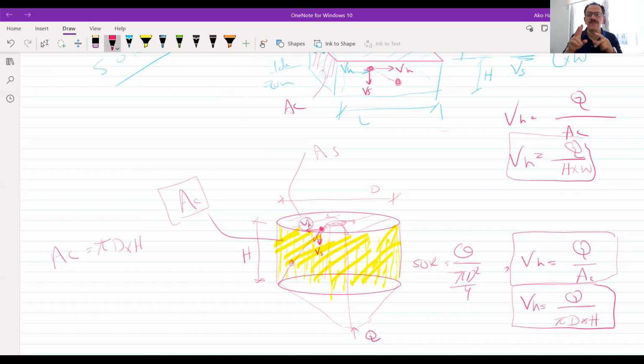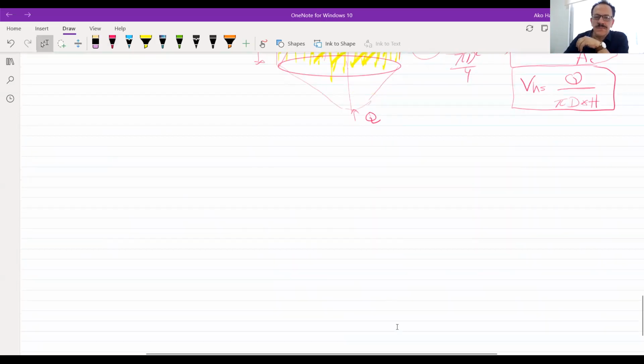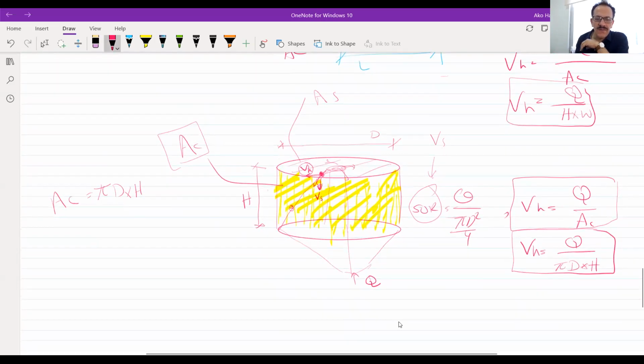So now we have those two main points. Back to what we need. This SOR we talk about is a settling velocity. And by the way, assume that we have solid particles of different shapes.